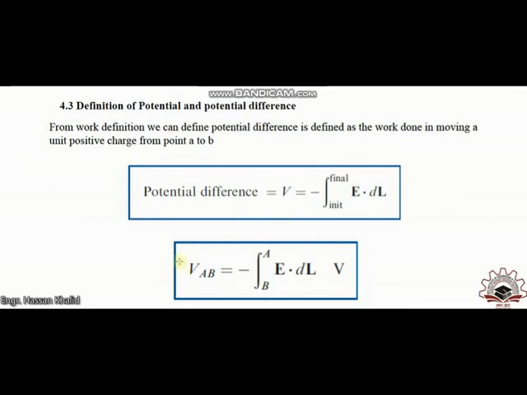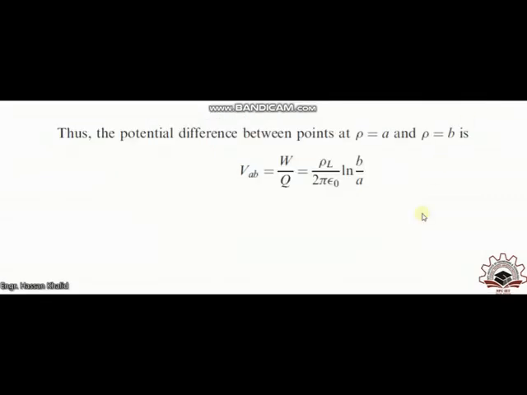So we can also define the potential difference between the two points, VAB, that is equal to VB minus VA, which is finally equal to minus the integration from B to A of E dot dl, and its unit is volts.